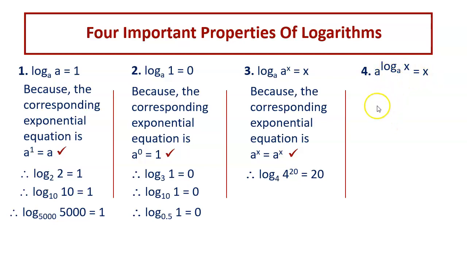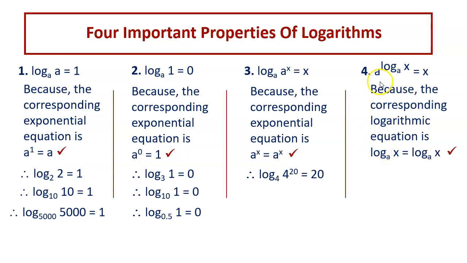So if we rewrite this exponential equation as a logarithmic equation, what happens? It is log, obviously because it is a logarithmic equation, it should start with the word log. Base, the subscript will be e, base remains the base. The answer becomes the argument, so it is log of x to the base e equal to the power becomes the product or result.